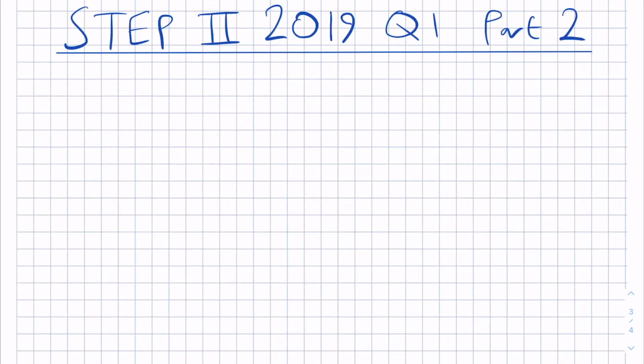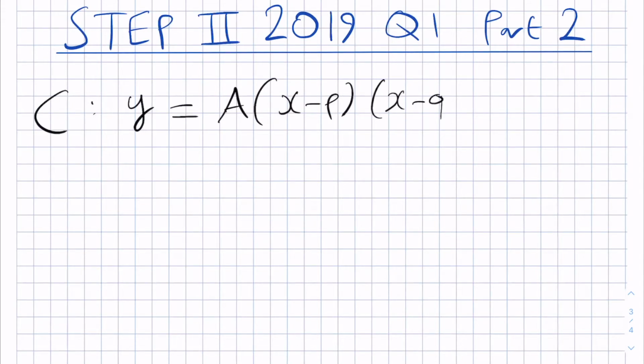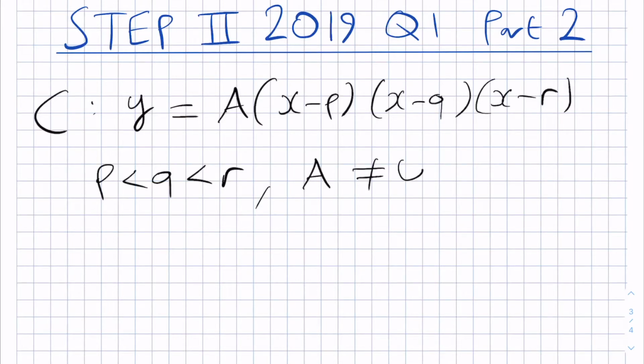So for starters, to reiterate, we have this curve C, which is given by the equation y equals A(x minus p)(x minus q)(x minus r), and we have that p is less than q, which is less than r, and A is a non-zero constant.